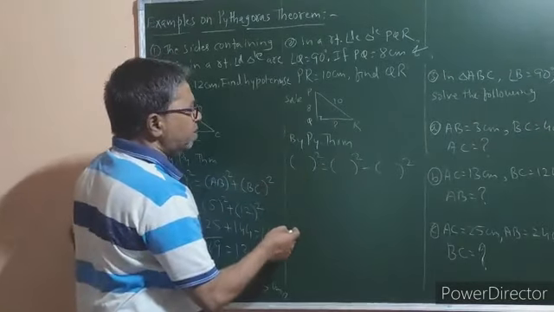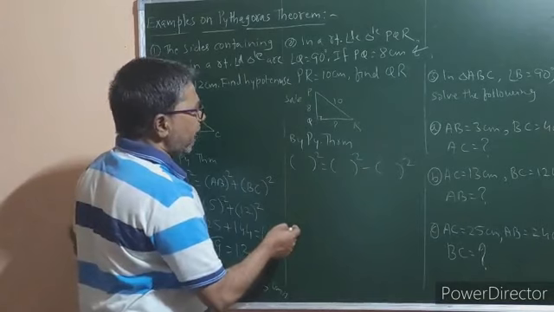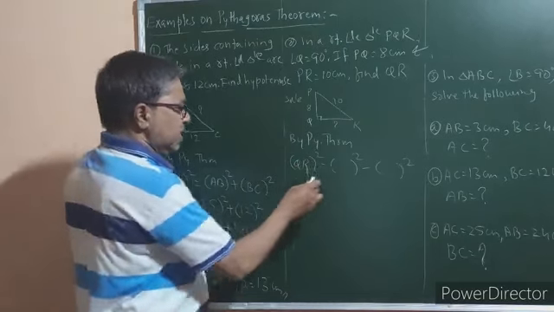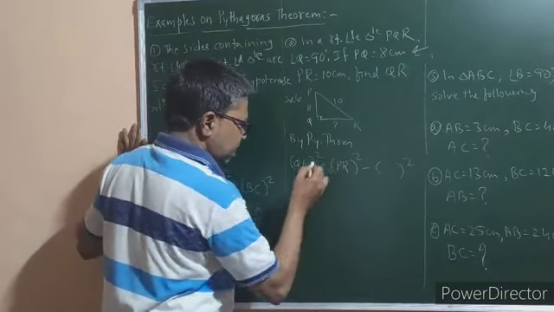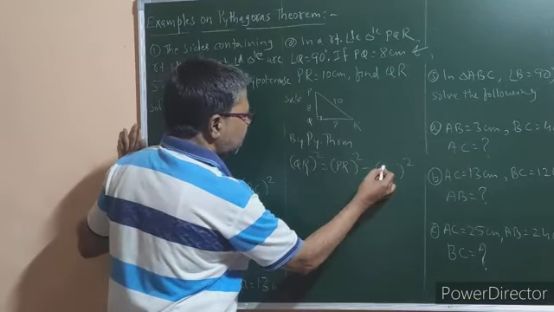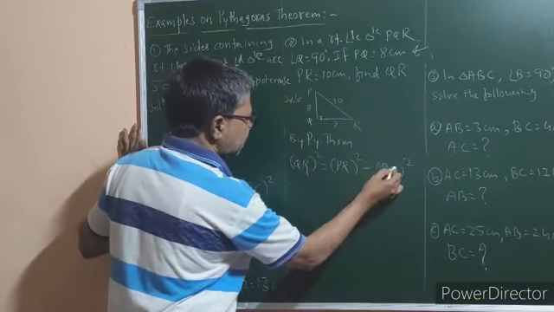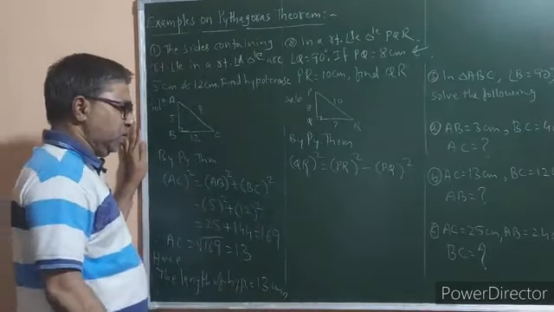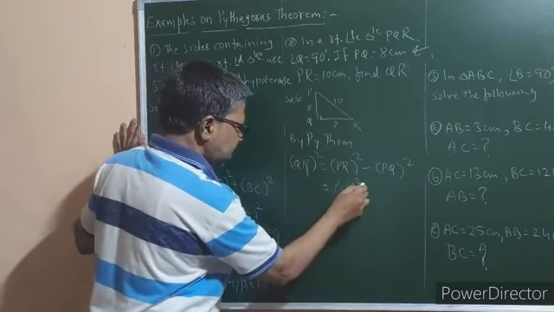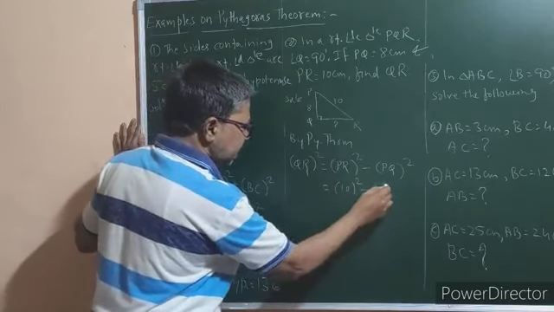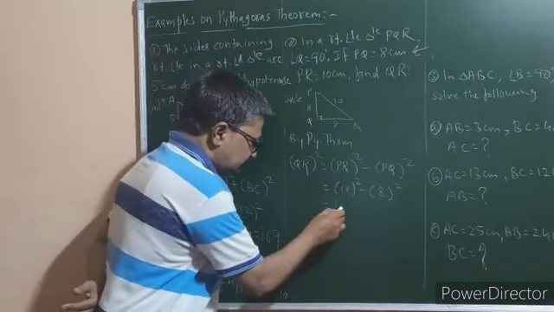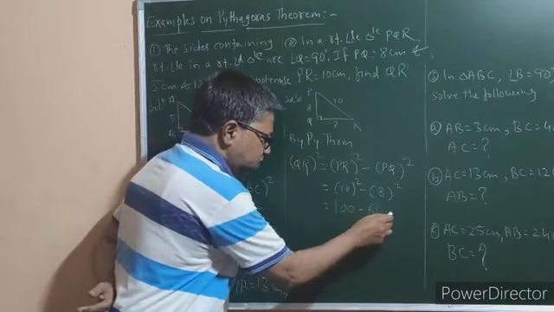Now complete or fill the brackets here. QR always on the left side. Then write the hypotenuse here, PR, then the value of the side given, that is PQ. Now this is equal to, PR is 10, substitute the values, 10 minus, PQ is 8. 10 square minus 8 square: 10 square is 100, 8 square is 64.